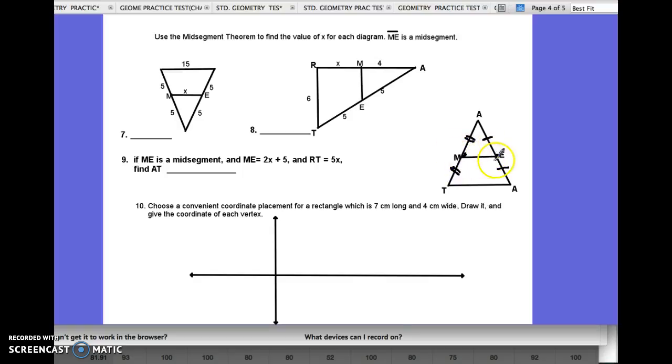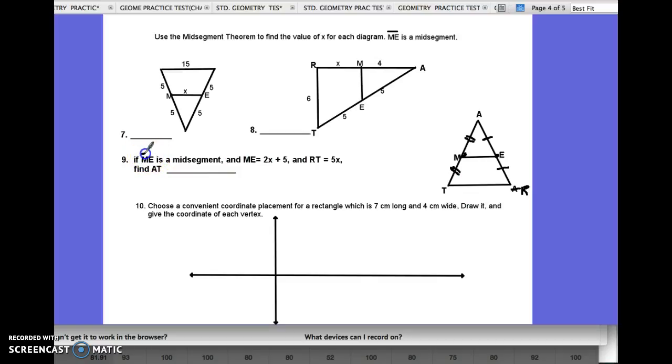In addition, the mid-segment is always going to be a half of the third side. So this right here should be R. Sorry about that. So ME is going to be a half of RT. So here comes the setup for this one.